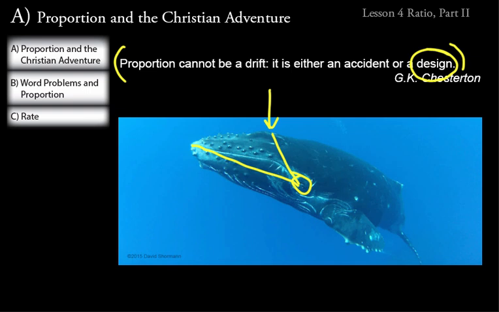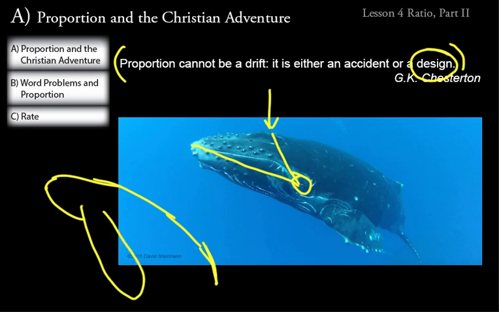If you're not convinced that proportion is not a drift, it can't just be an accident, then try to redraw this whale on your paper. Just look at that picture and just start trying to draw the rostrum and going down to the tail, the fluke down there, and the big pectoral fin that it has.